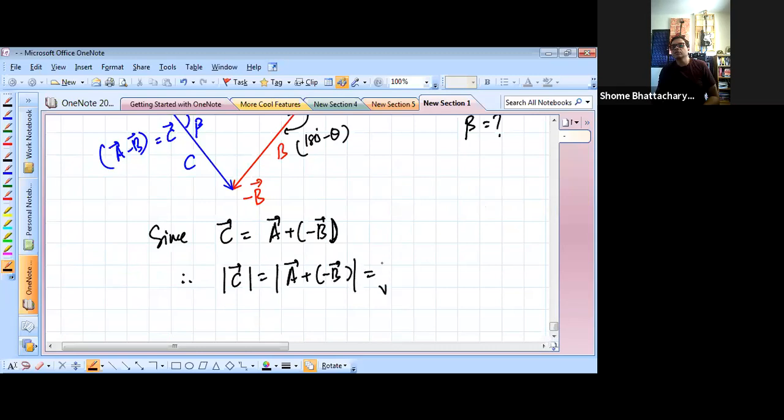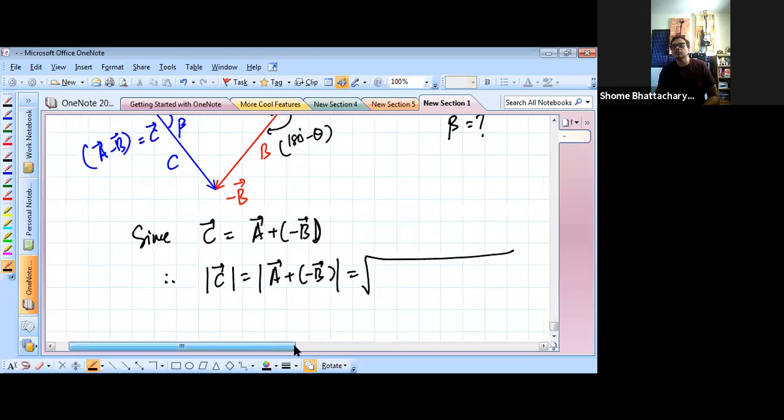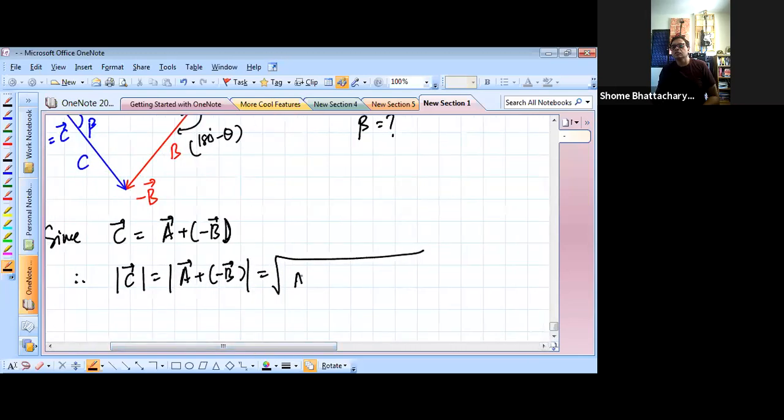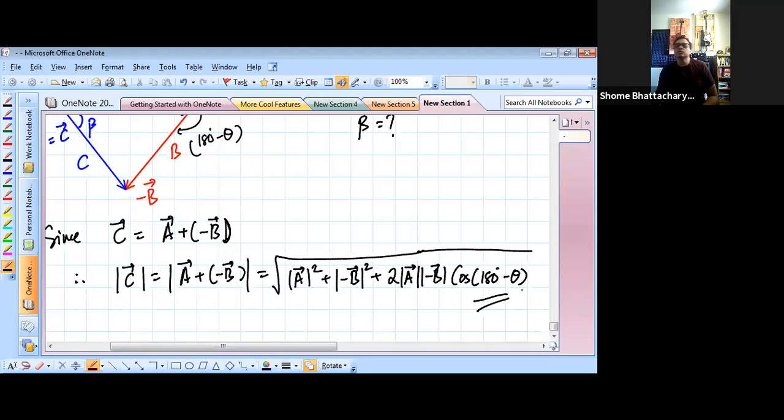So that according to the statement of triangle law is magnitude of A square plus magnitude of minus B square plus 2 times the magnitude of A into the magnitude of minus B into cos of the angle between them. Now remember, the angle between these two vectors is not theta. The angle is 180 minus theta. Okay. So this is the important point over here. This is the angle between A and minus B.